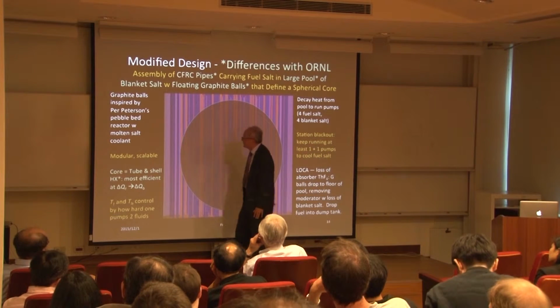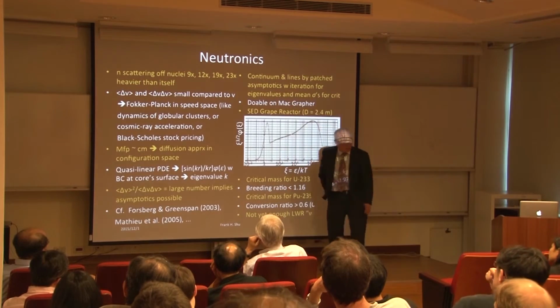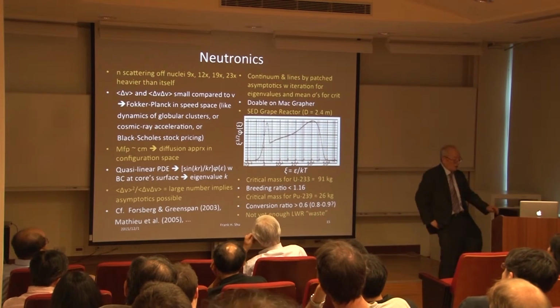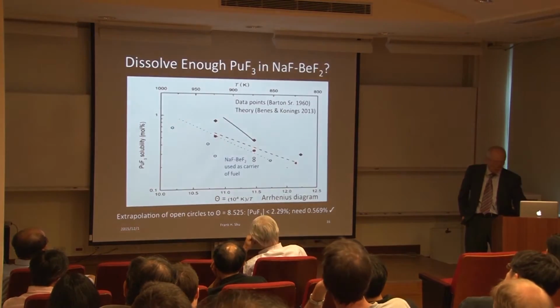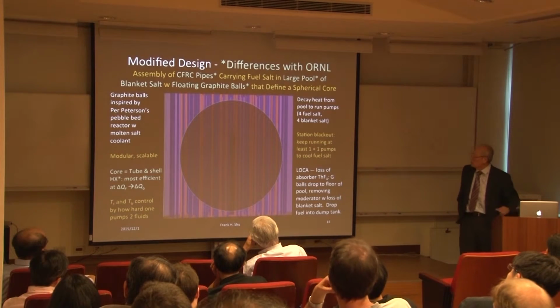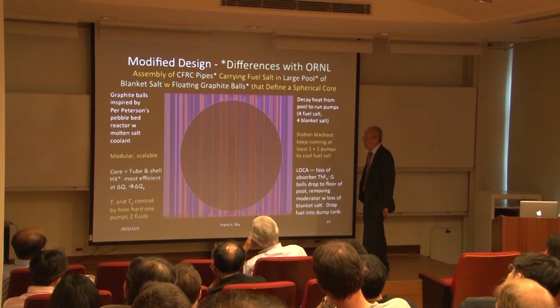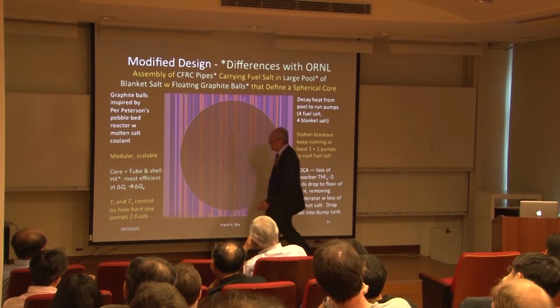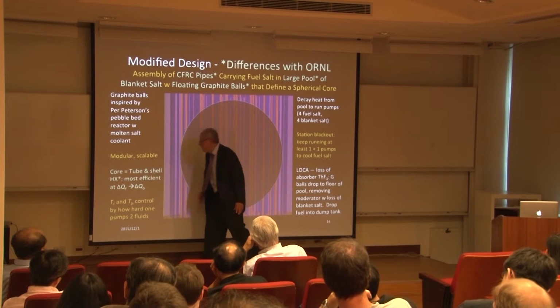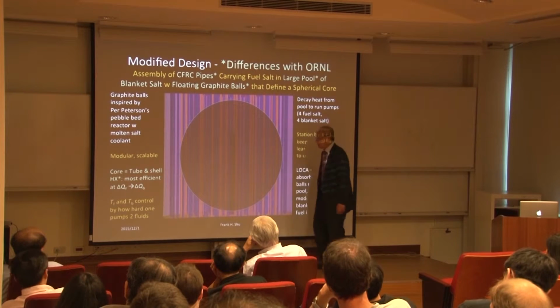This kind of heat exchange is called a tube and shell heat exchanger. And it is known by chemical engineers to be the most efficient design to transfer heat that's released in the fuel salt to heat that you put into the blanket salt.